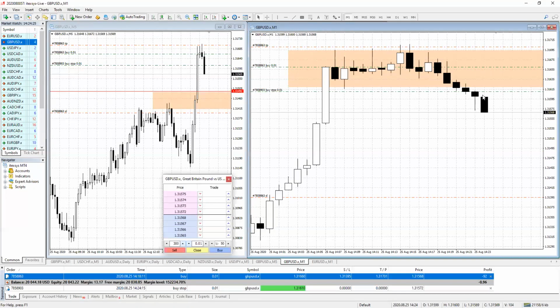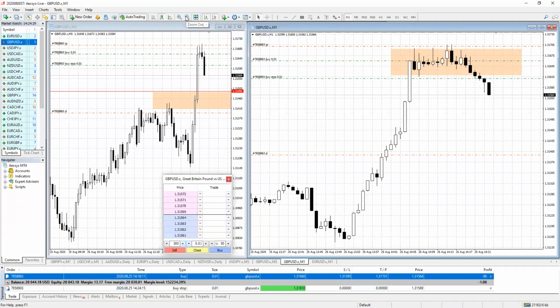tail, it tells us the sellers are present and active, and they want to keep carrying the market to the down. And all I'm showing you right now, you can apply it to all the time frames. I'm showing you 5-minute charts and 1-minute chart because we are limited in time.